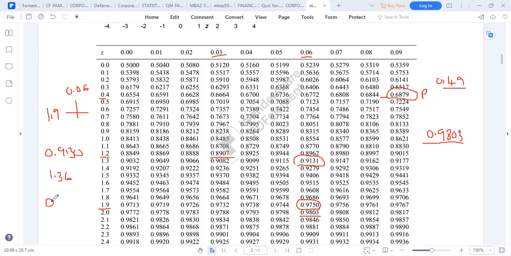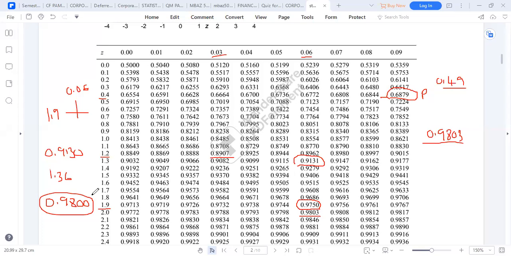Help me find, how about 9800? What is your Z for 9800? Zero point 9821.